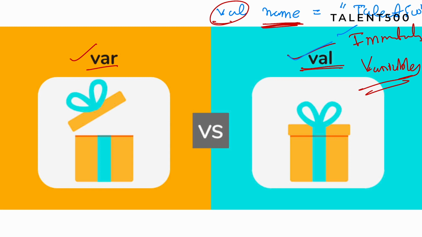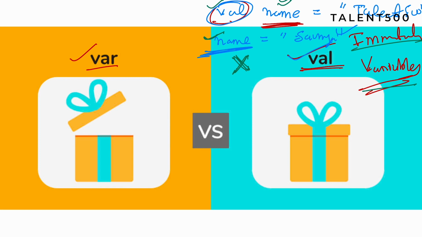Let's say later in my code I want to do something like name is equal to my name, Soumya. It will throw an error. Why? Because the val keyword is used to declare variables whose value cannot be changed, and I'm trying to change it, so it will throw an error: the program will not compile and will not work properly. So remember, val is always for immutable variables.